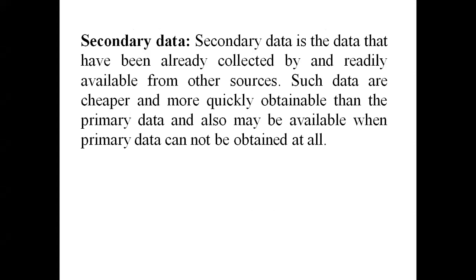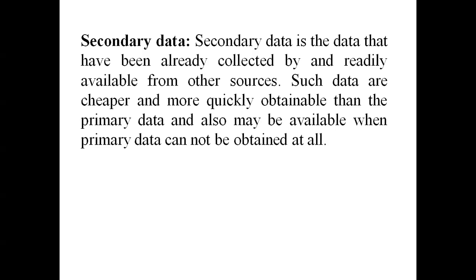Secondary data is the data that have been already collected by and readily available from other sources. Such data are cheaper and more quickly obtainable than the primary data, and also may be available when primary data cannot be obtained at all. Let us see the meaning of this secondary data source.